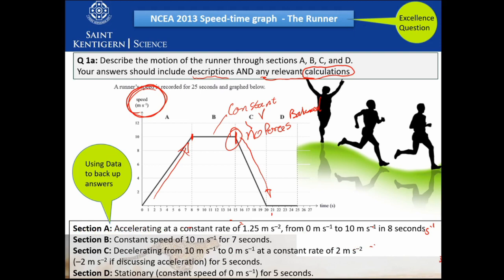Section C was decelerating, so minus 2 meters per second per second. Now, do you see that the person is not showing calculations, they're simply giving answers? So this would have been merit and not excellence, because you need to show your calculations. Okay, they ask you for calculations, show calculations.